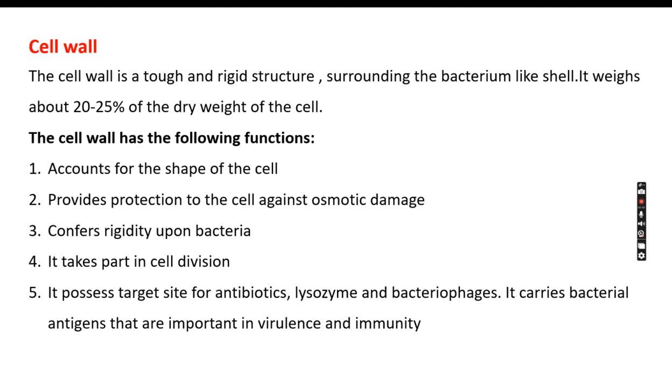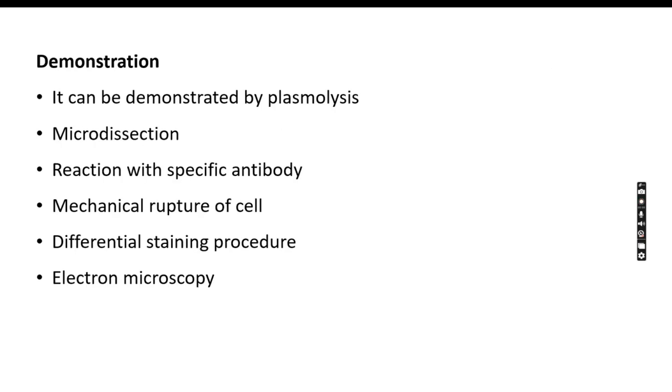It takes part in cell division, and most importantly it is the target site for antibiotics. We take antibiotics for bacterial infection, right? These antibiotics act on the cell wall of the bacteria, and it is also the target site for lysozyme and bacteriophage.